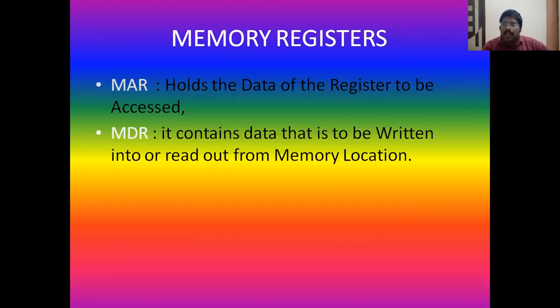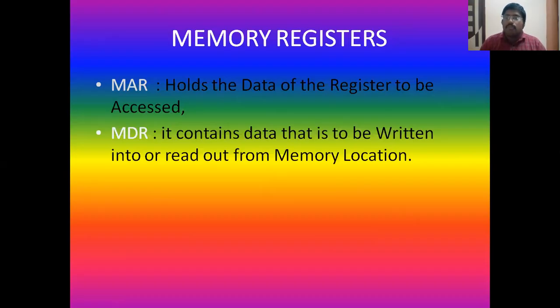So the memory data register, the second register here. The main purpose of this memory data register is that it consists of some data. It contains the data which can be written into another register, or it can be taken from a particular register. Whereas the memory address register holds the address of the register to be accessed.